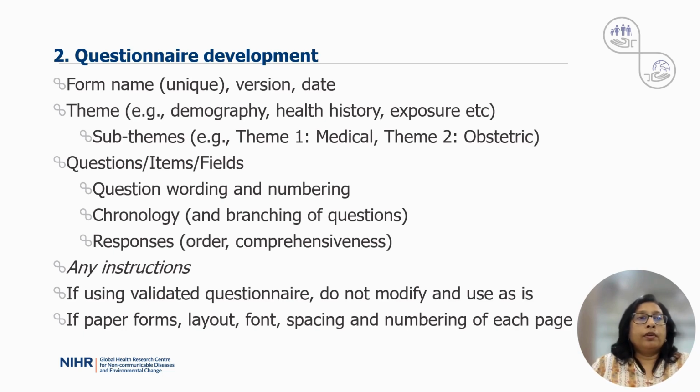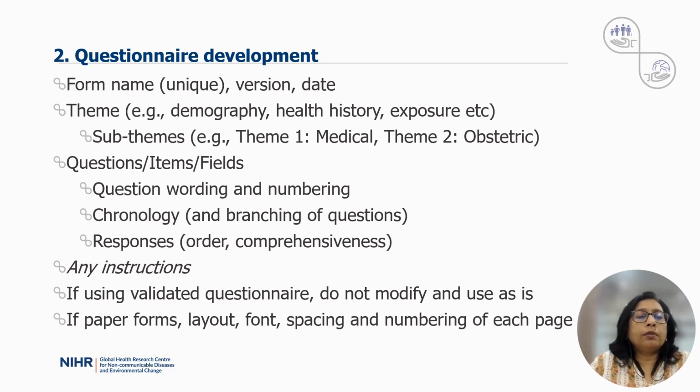But it's also important to know that if you lose the 6th page, and I have no clue how many pages it should have been, I might not even realize that I have lost the last page. So to be clear, it's a convention that you number the pages as 1 of 6, 2 of 6, 3 of 6, and 4 of 6, which you must have seen in the Word format. So these are some general aspects about questionnaire development which you need to be mindful of.